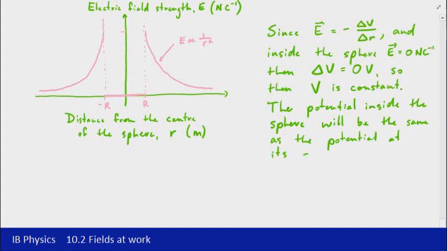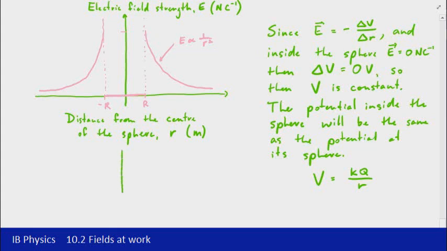So remember here that the potential outside the sphere is going to be given by V equals kQ on r. So we'll see that relationship similar to what we saw up here, that we have this inverse square law outside the sphere for electric field strength.